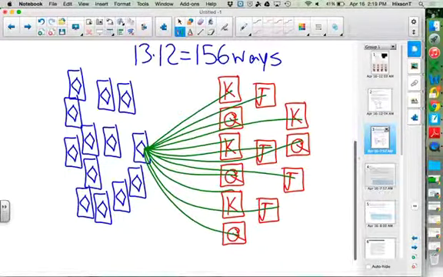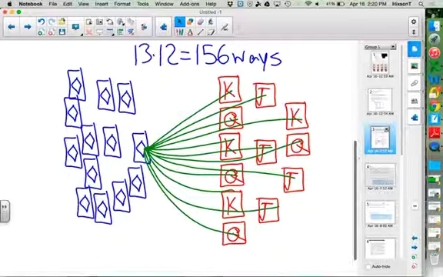So I had 12 different possibilities just from that one diamond. And the rest of these diamonds all have the same 12 possibilities. That's where this principle comes from. These 13 each have 12 possibilities, so 13 times 12 is the total number of ways.